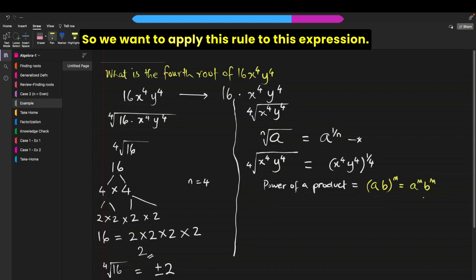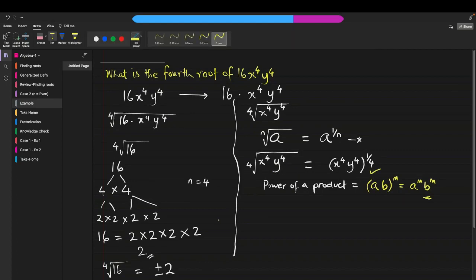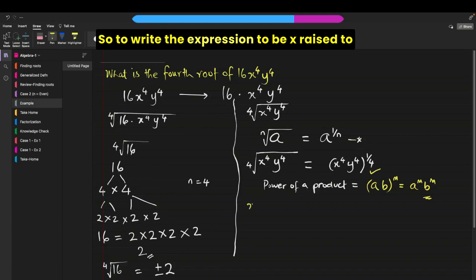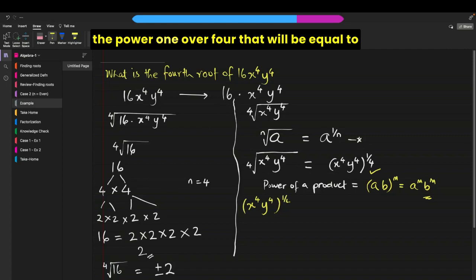So we want to apply this rule to this expression. So let's write the expression to be x raised to the power 4, y raised to the power 4, all raised to the power 1 over 4.